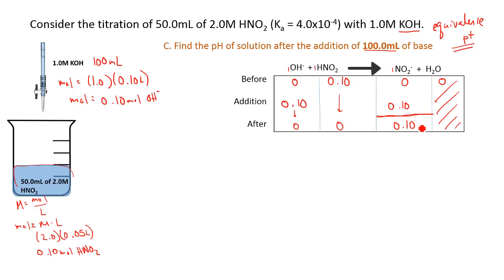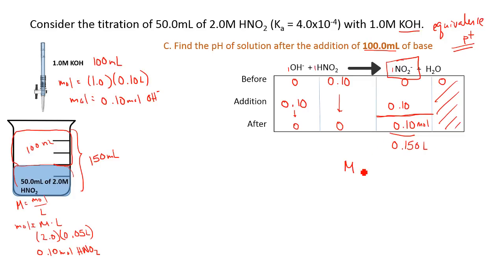So I have moles of NO2 minus. I divide that by my volume. Remember, we added 100 milliliters. I now have 150 milliliters. So I divide by 0.150 liters.